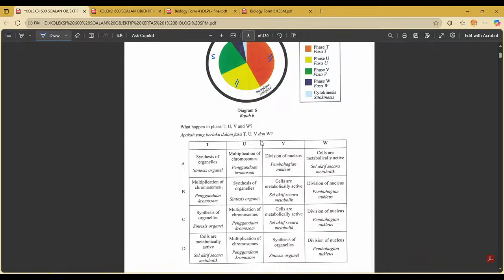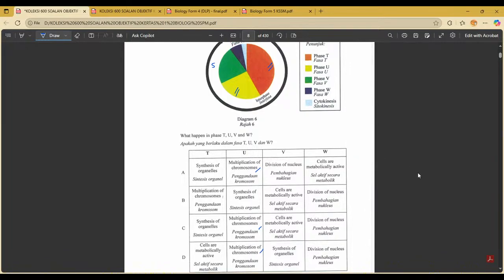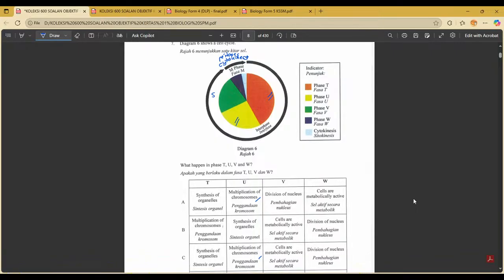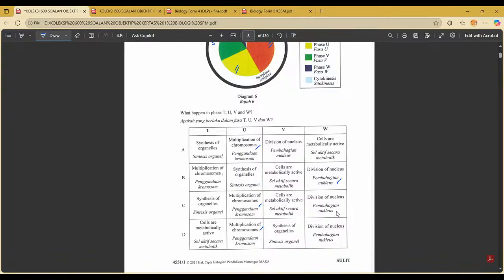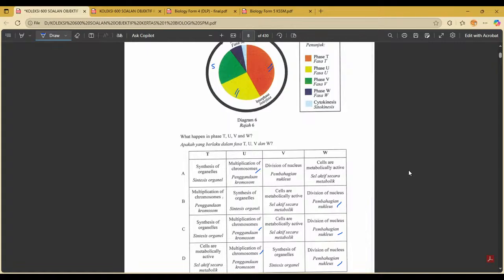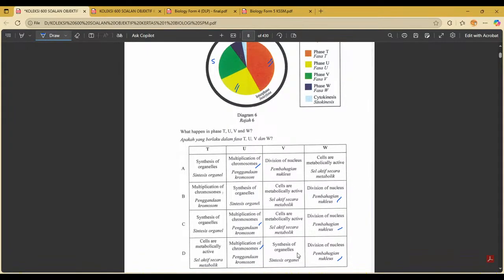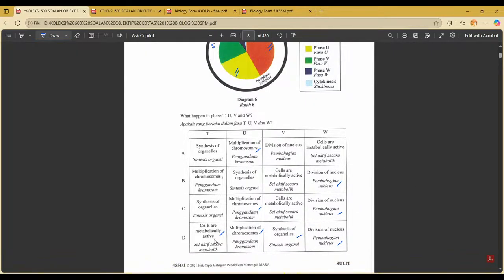I think that happened in phase U. Phase W is mitosis. So yeah, division of the nucleus happens there. In S, organelles are synthesized, I think, and in these the cells are metabolically active to get nutrients, to do this and this.